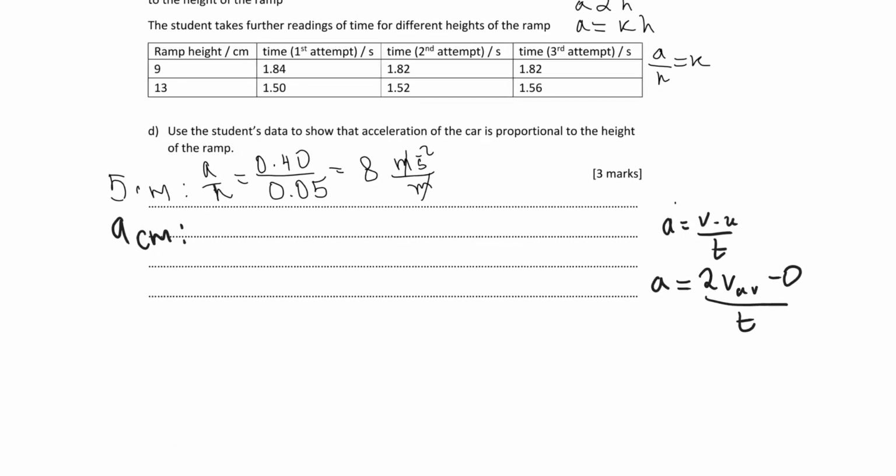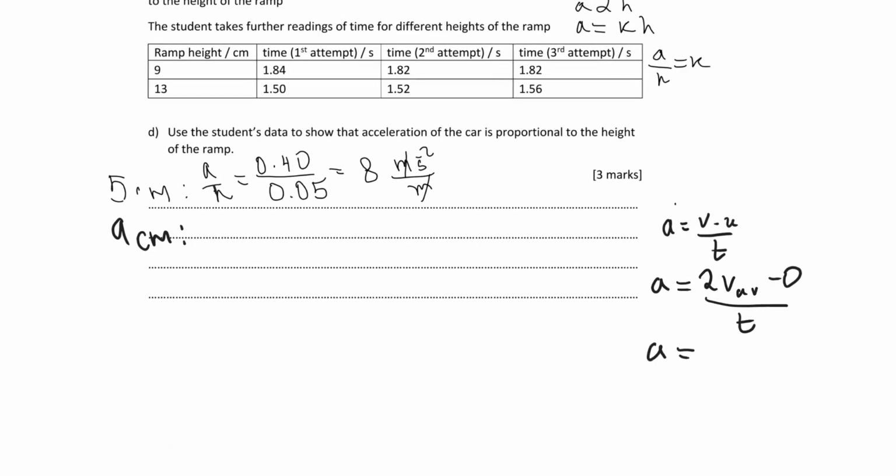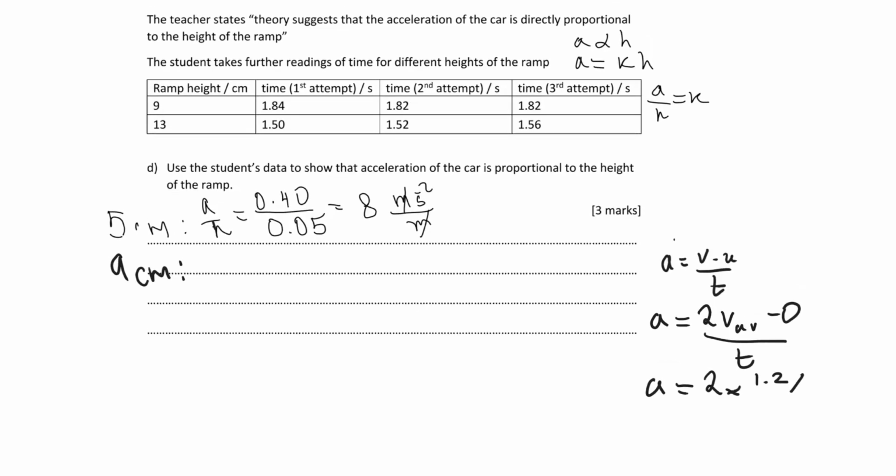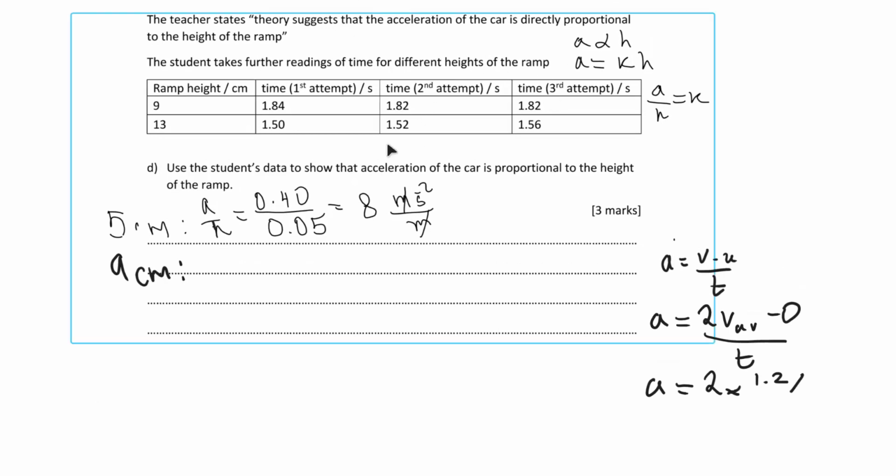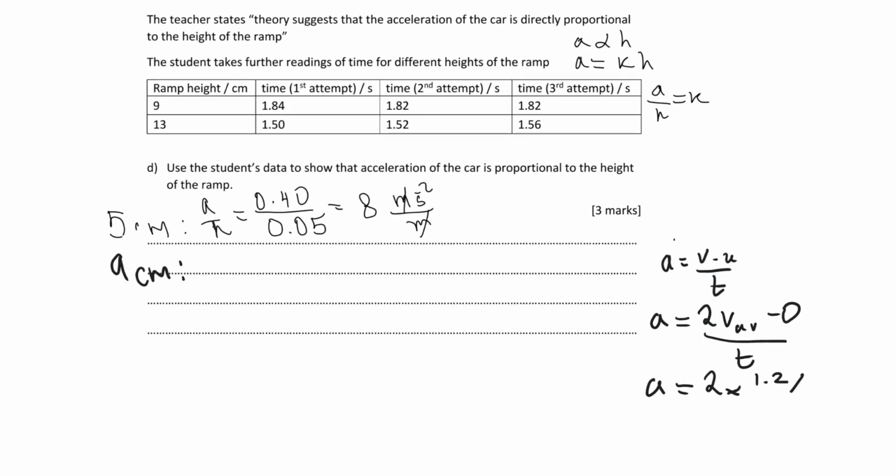To figure out this expression, I'm going to need to multiply 2 times the average speed, and the average speed is just equal to the distance traveled, which is 1.2 meters. That's just the length of the ramp. And then we divide that by the average time. So the average of 1.84, 1.82, and 1.82, and if we put this into a calculator, the average for this column is 1.83 seconds.